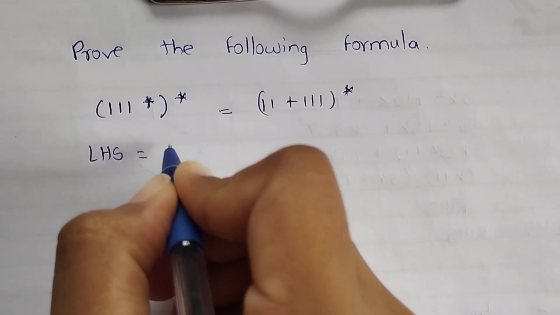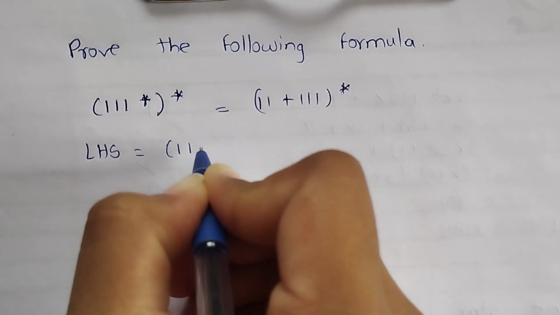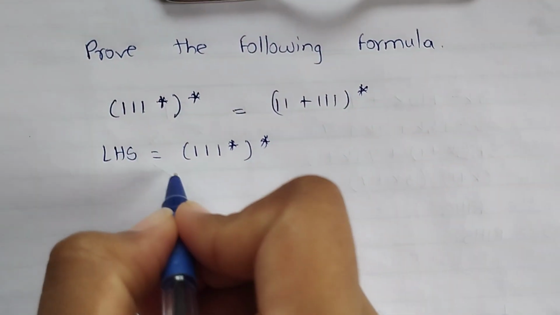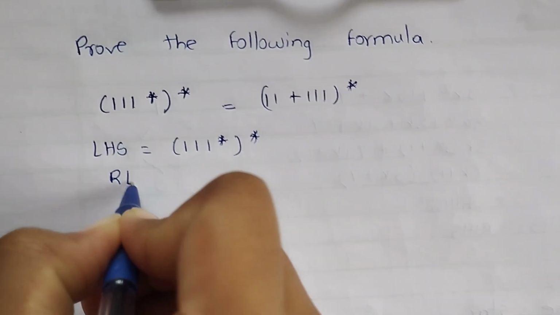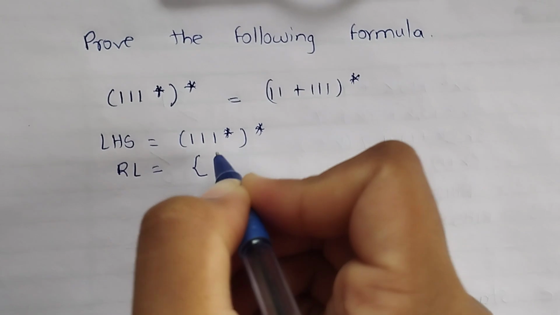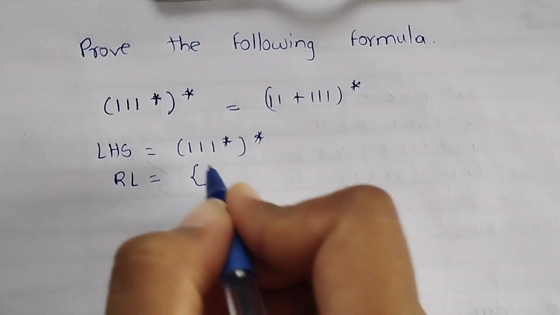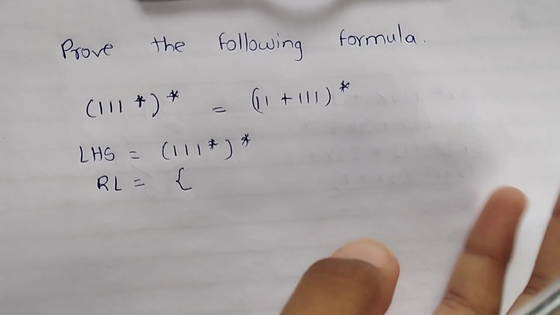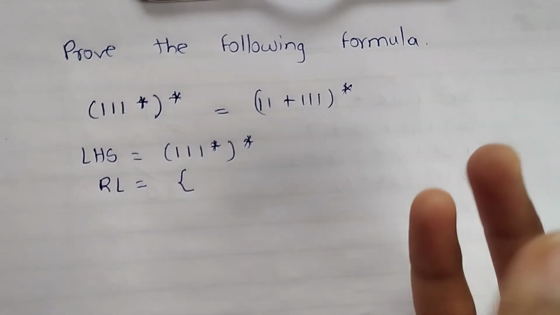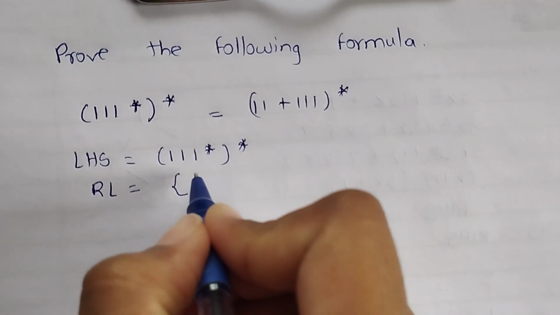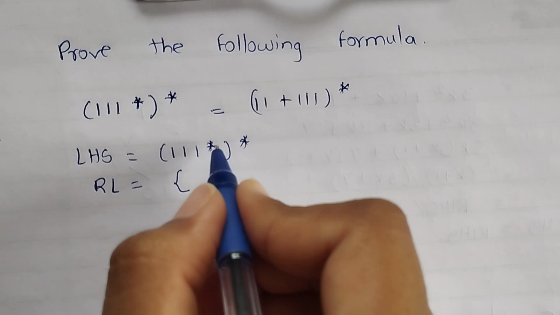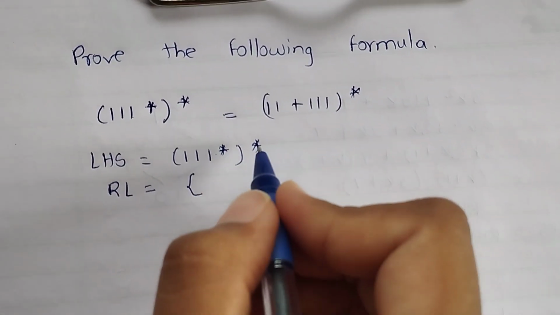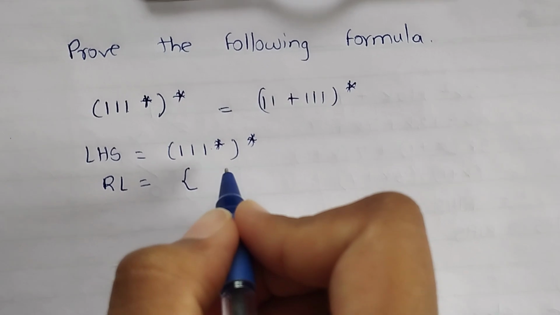The LHS regular expression is (1 1 1 star) star. So the regular language is: 1 1 is compulsory and 1 star we write as many times as you want. So first I consider only 1 1 and I do not consider this 1 star. This is null and this also null.